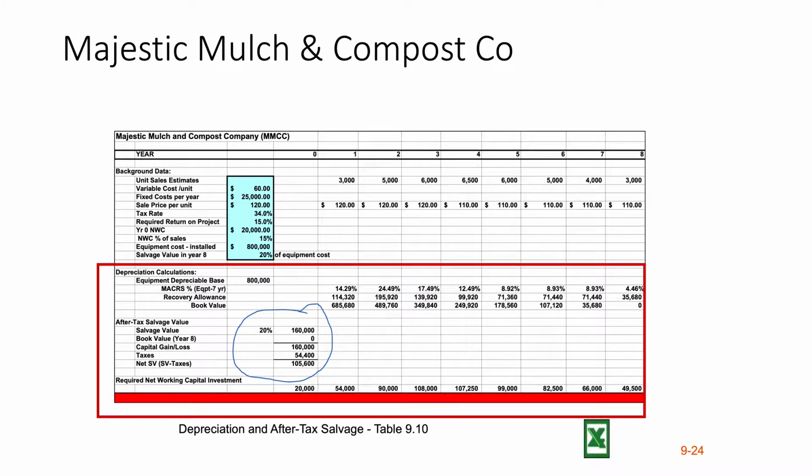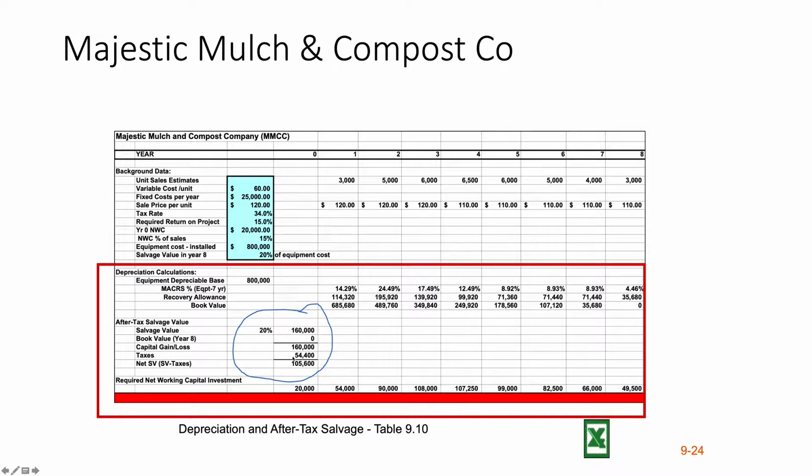So it will be sold at $160,000. So the salvage value minus book value, the capital gain, is the full amount, because on the books it has a 0 value. So every dollar is subject to capital gain tax of 34%, so times 34%, you get 54,400.